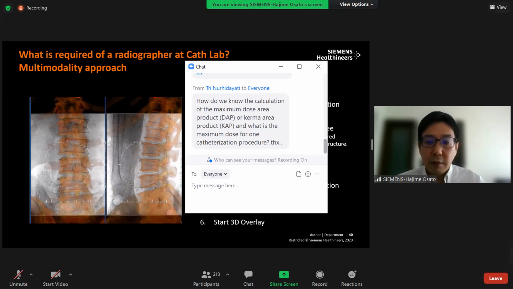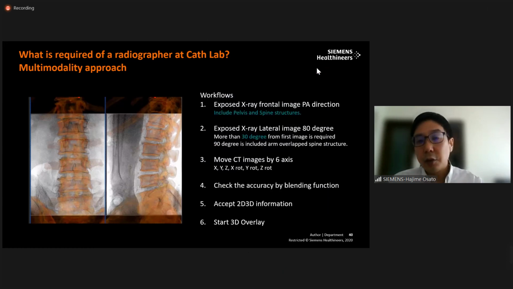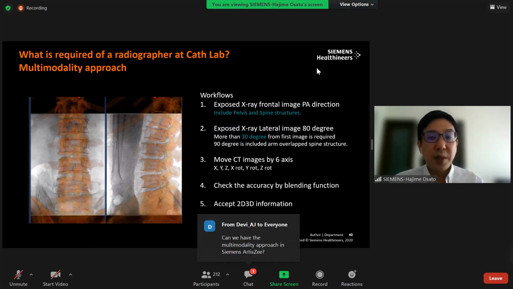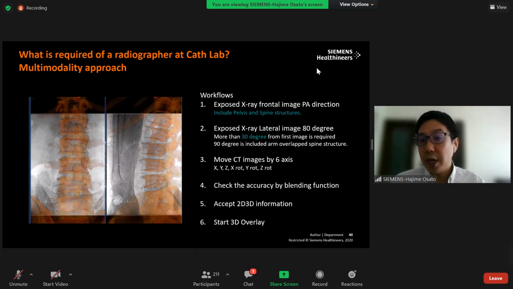These require a huge field of view and a lot of contrast medium for 3D imaging. In general, it is evaluated by CT, so we can use the CT volume data for 2D, 3D fusion. The fused image can be used for the 3D roadmap image.